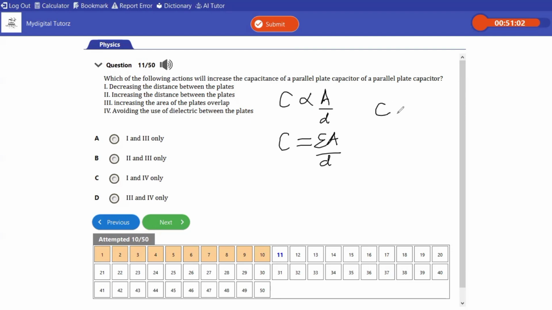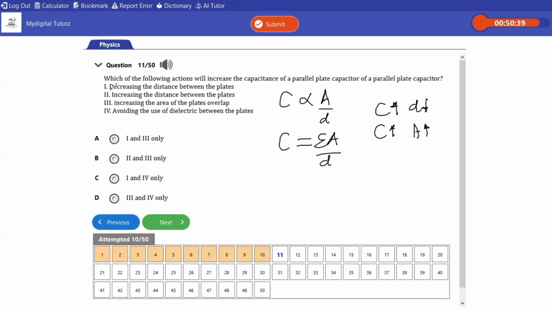Simply, it means that for the capacitance to increase, you have to decrease what? The distance between the plates. And also for the capacitance to increase, we have to increase what? The area. This is telling you that for capacitance to increase, the area has to be increased and the distance between the plates has to be decreased. So come to your options now.